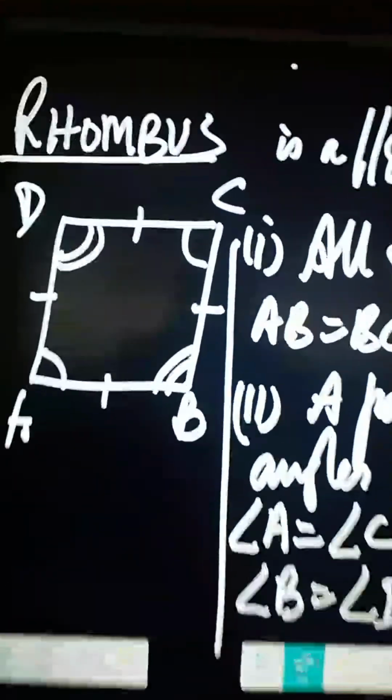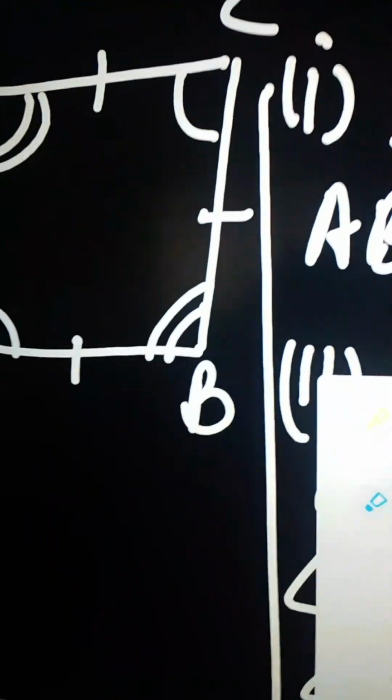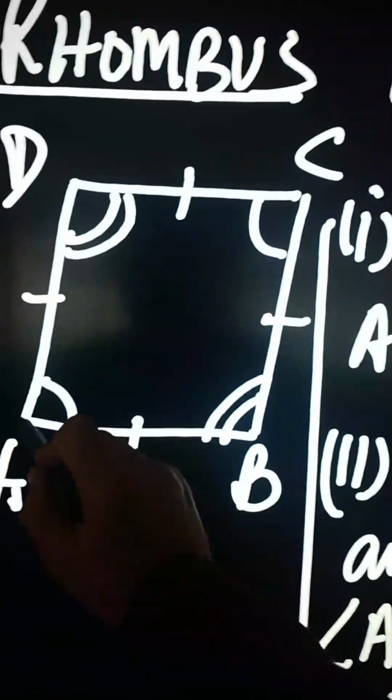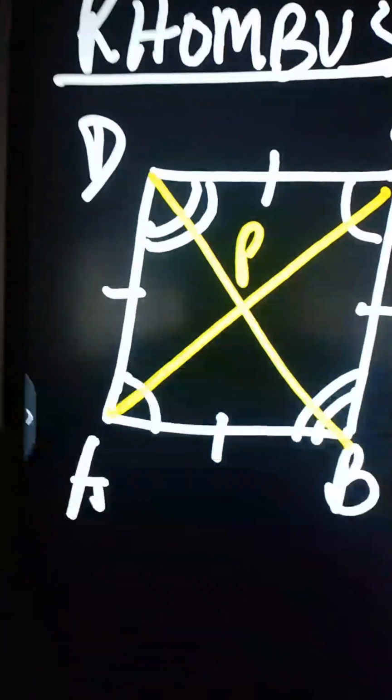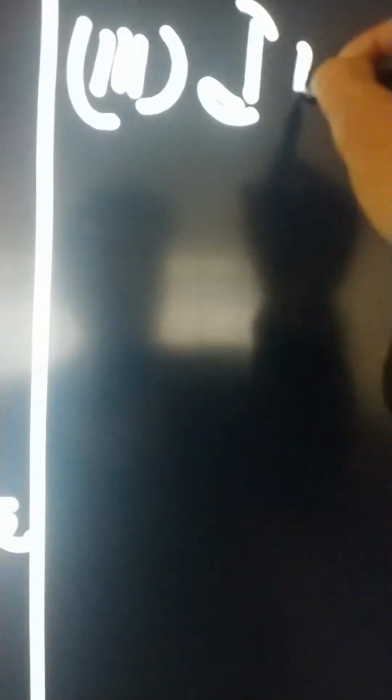Now a square has a diagonal, so in a rhombus also there is a diagonal. This is a diagonal. Now what is the property of the diagonal? That is your third property: diagonals of a rhombus also bisect each other.